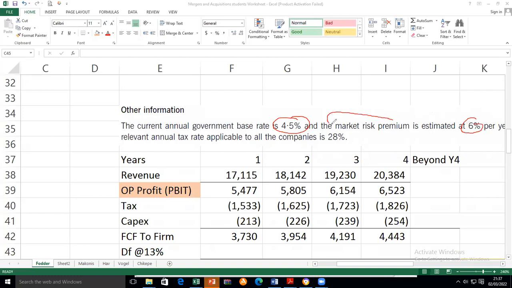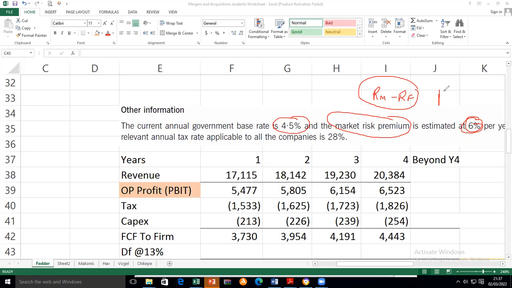What does the expression market risk premium mean? This is a market risk premium. They've already done the subtraction. That is why we just pick this 6 the way it is.